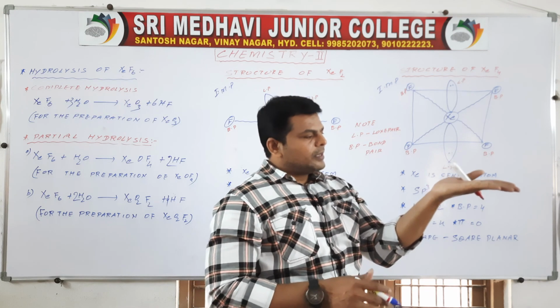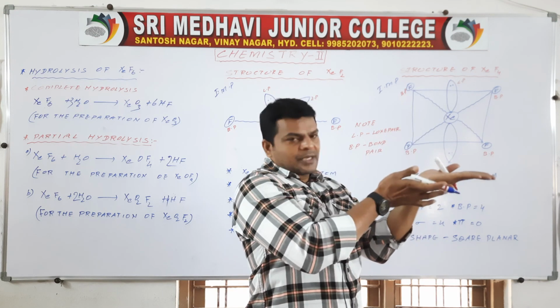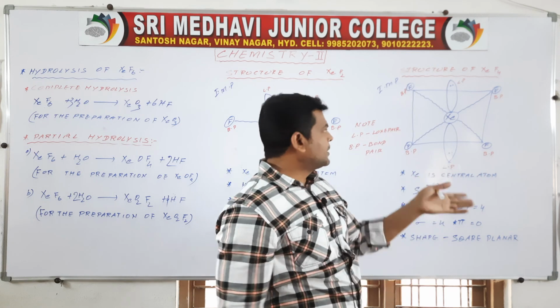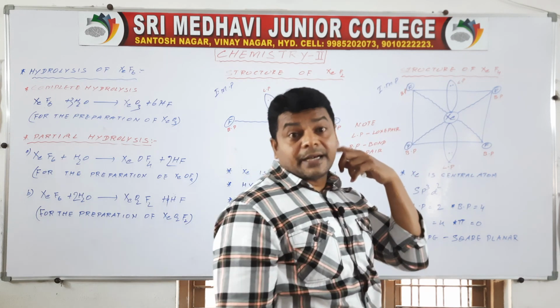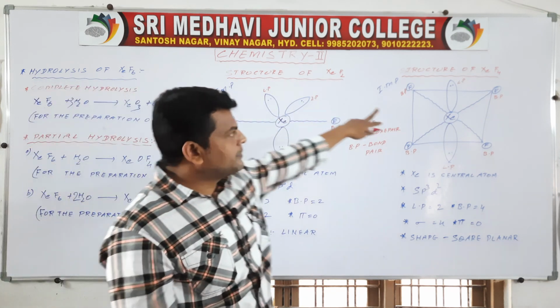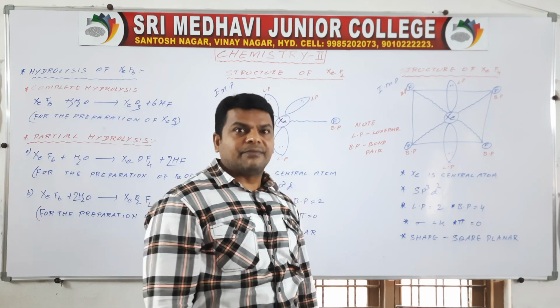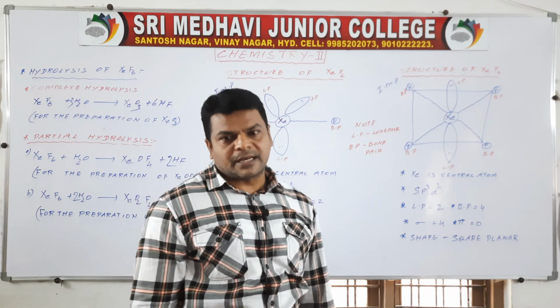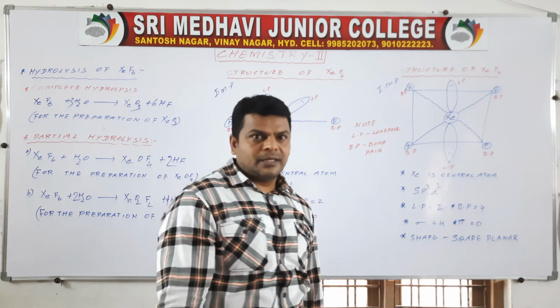So here 4 fluorine atoms are in one plane and the remaining lone pairs are perpendicular to this plane. So bond angle is nearly 90 degrees. Okay. So this is the structure of XeF2 and this is the structure of XeF4. Remaining structures we will discuss in the next class. So we will finish this chapter in the next class.